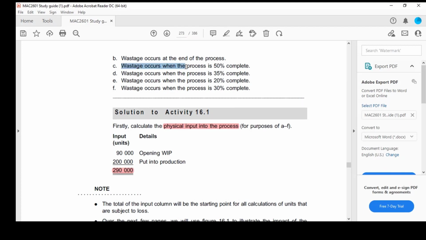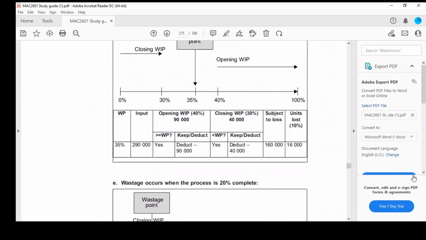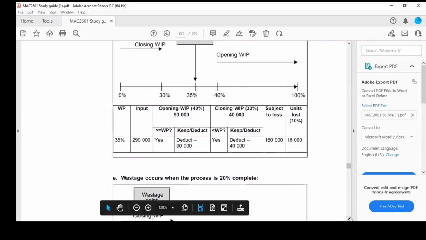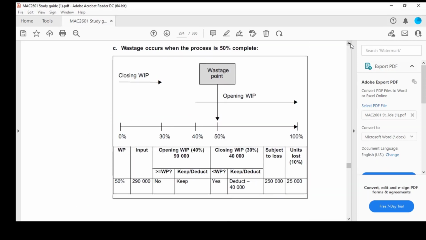So let's look at scenario 2, saying wastage occurs when the process is 50% complete. So now, this is the beginning, 0%.